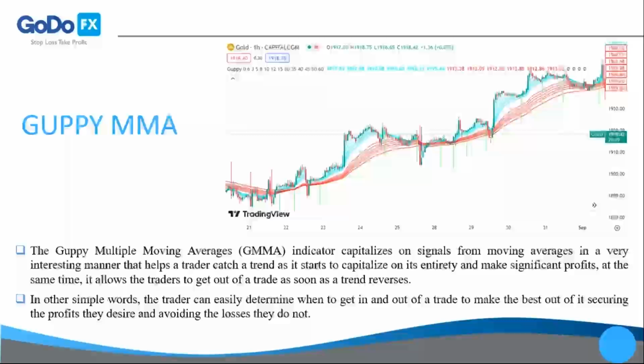The fourth and last indicator we will discuss is the GMMA. It's also a simple indicator, despite the complex number of moving averages you see in the figure, it's very simple to read. The Guppy multiple moving averages, GMMA, indicator capitalizes on signals from moving averages in a very interesting manner that helps a trader catch a trend as it starts, capitalize on its entirety and make significant profits.